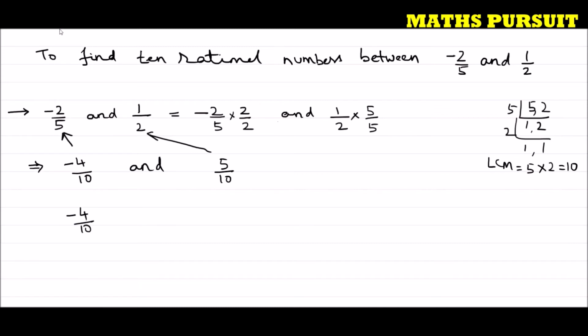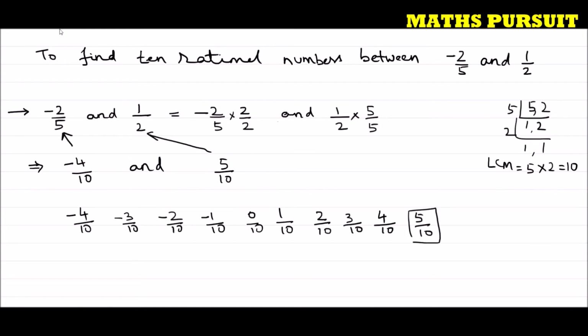I can write here minus 3 upon 10 is one rational number, minus 2 upon 10 is another, minus 1 upon 10 is another, 0 upon 10 is another, 1 upon 10 is another, 2 upon 10, 3 upon 10, and 4 upon 10, and finally the given number is 5 upon 10. So these are the numbers in between 5 upon 10 and minus 4 upon 10.